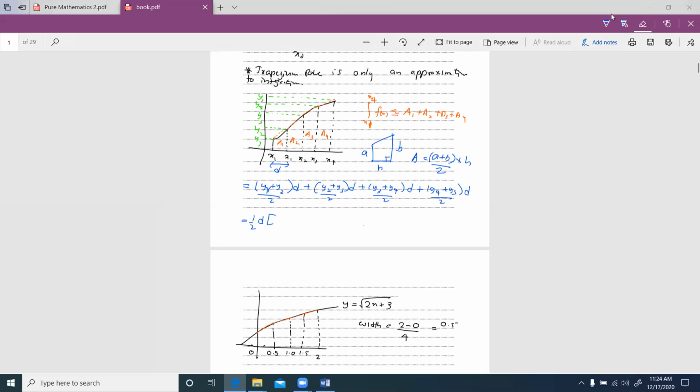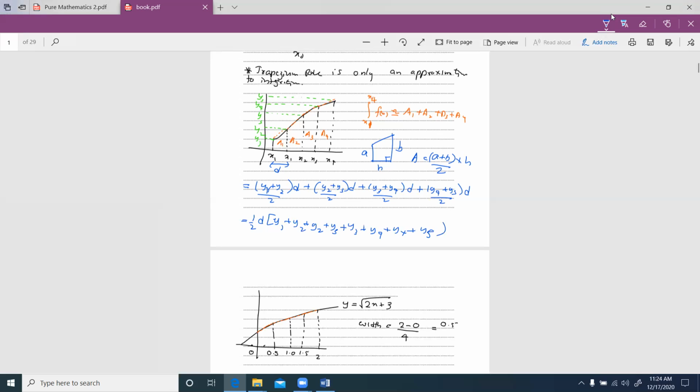If we add them together, just like this: this is y1, plus y2, again this y2 is there, y2, y3, y3, y4, y4, and y5, y5. Right.